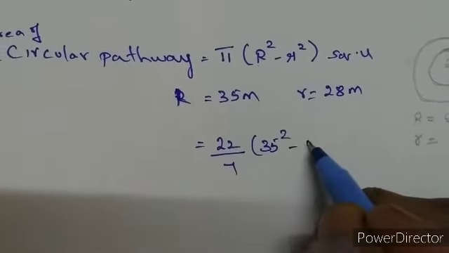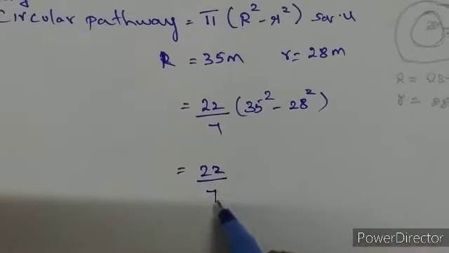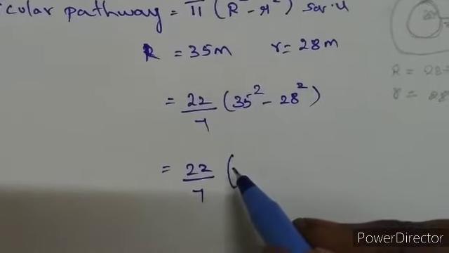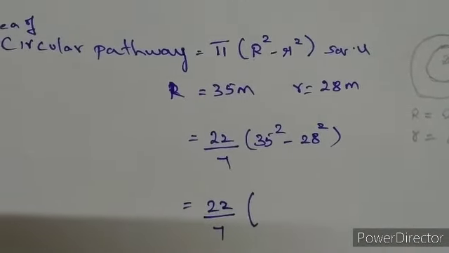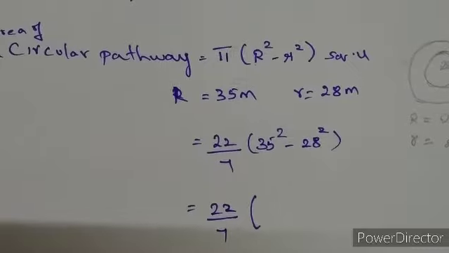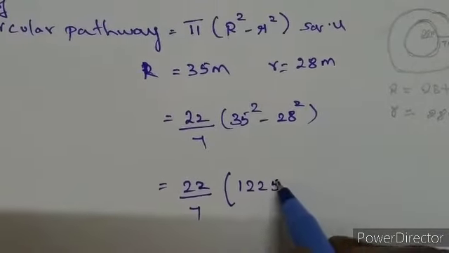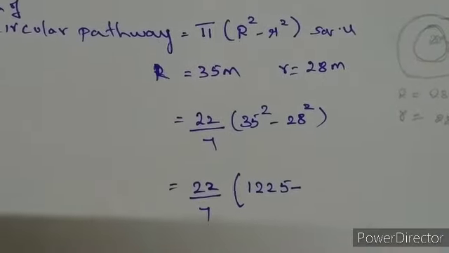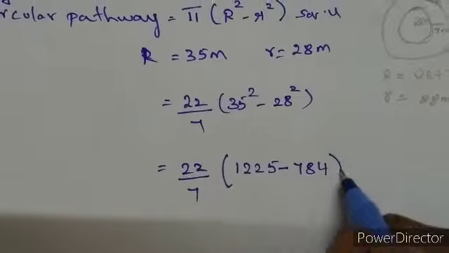35 square minus 28 square, 22 by 7 into 35 into 35, we will get 1225, minus 28 into 28, we will get 784.